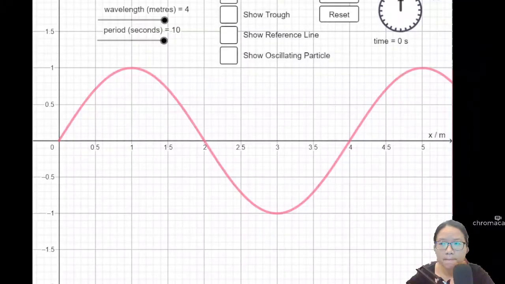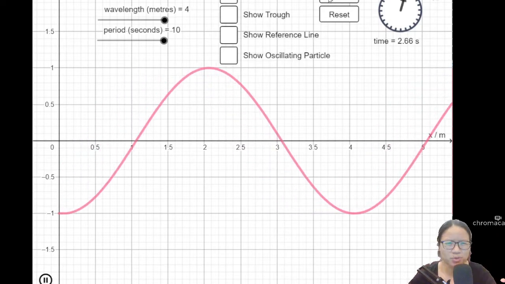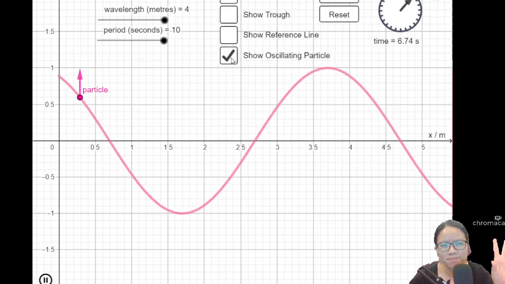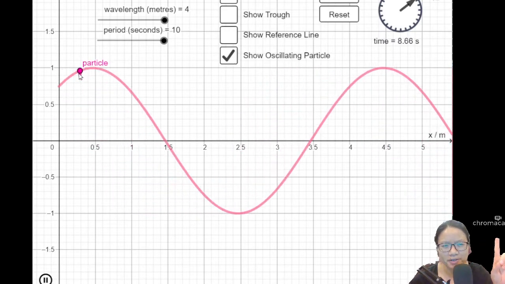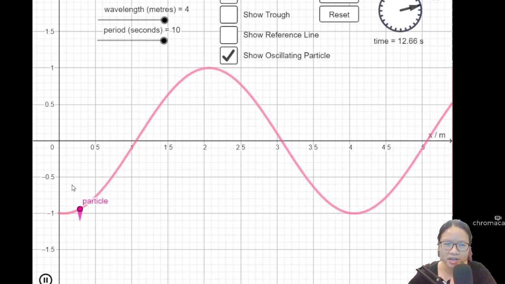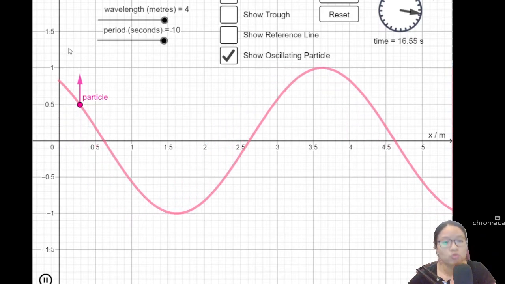Okay, let's say you want to time a wave. So I'm going to play the wave again for you to see. And there are a few things that we can time. All right, so we could always do what we are used to doing. We can identify a particle. Okay, let's say this is a particle, and we could time by just looking at this particle. Now, if you observe, this particle is going to move up, move down, move up, move down.